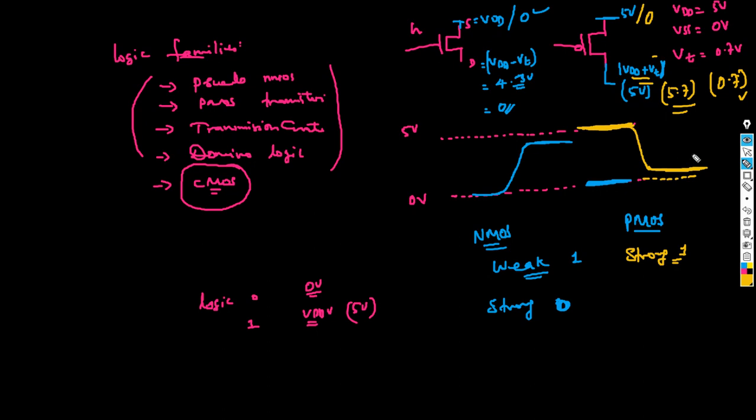This is what we call V0. Now look at this. Both NMOS and PMOS have something: NMOS has a weak one and strong zero, and this guy has a strong one and weak zero. Now, what we do is we club them together.